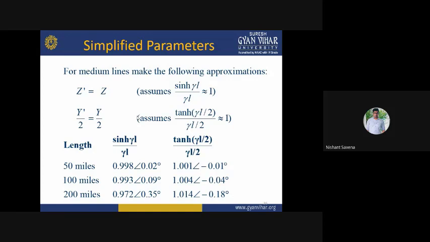As the length of the transmission line increases from 50 miles to 200 miles, we can see that the impedance is reducing, whereas the shunt admittance, that is the shunt capacitance, is increasing.